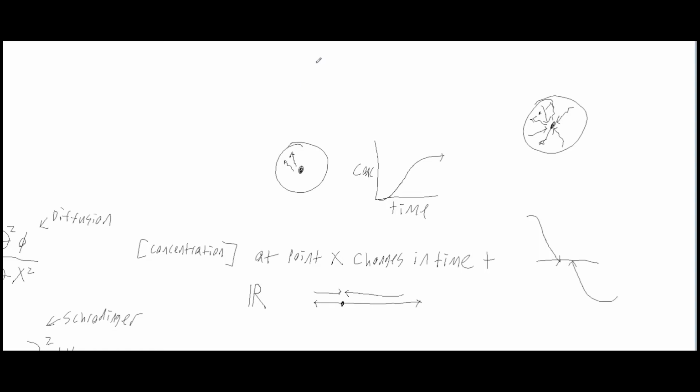So if we're looking at the concentration at this point here, we start with it at 0, then the concentration goes up as this diffuses through and then goes back down, and then we get that weird negative concentration, which is why it doesn't translate well to this idea of concentration. But if you can use your imagination to imagine what negative concentration would be, and then back up here.